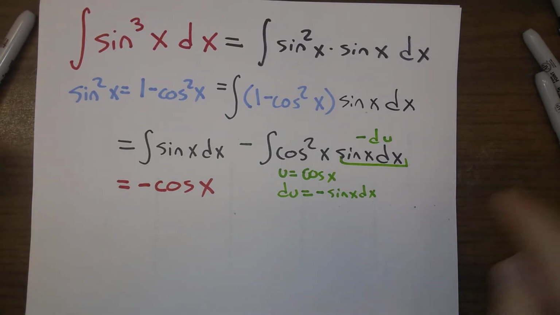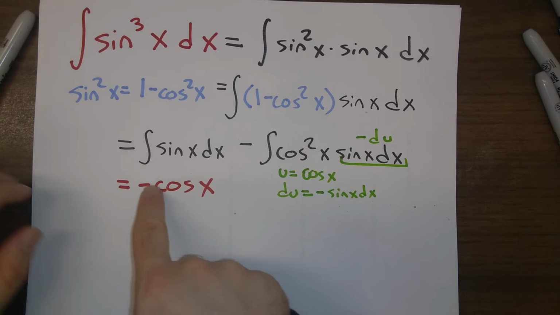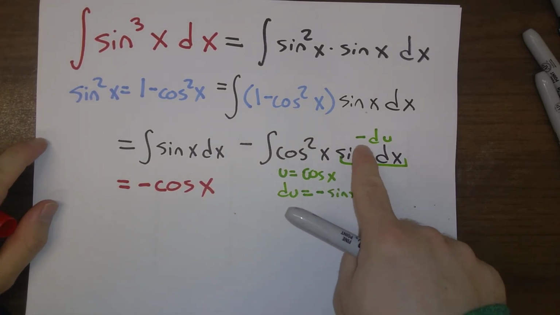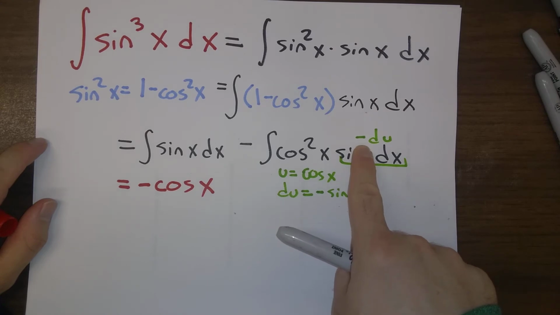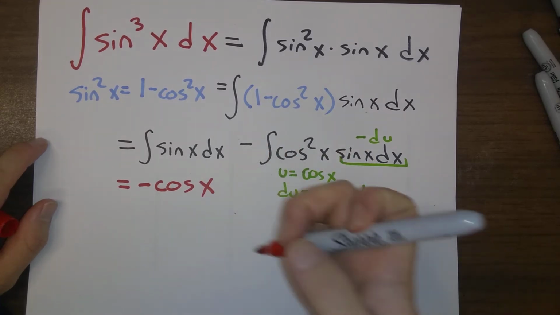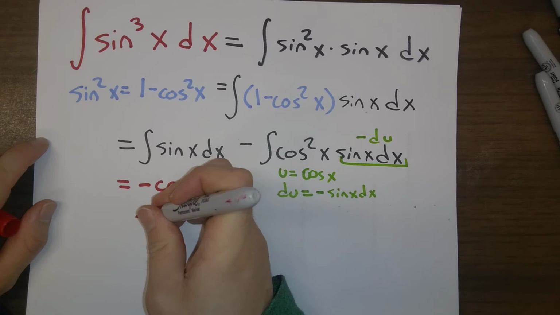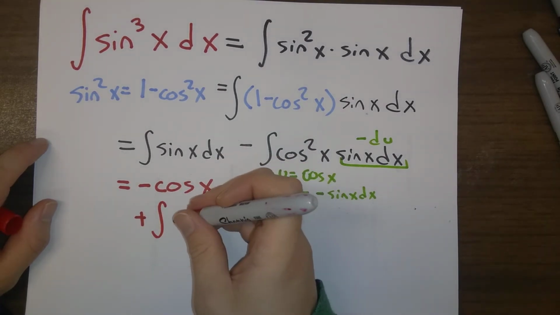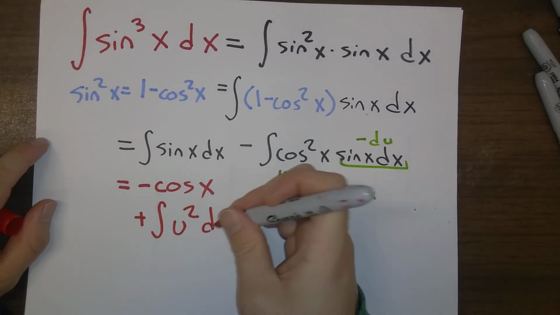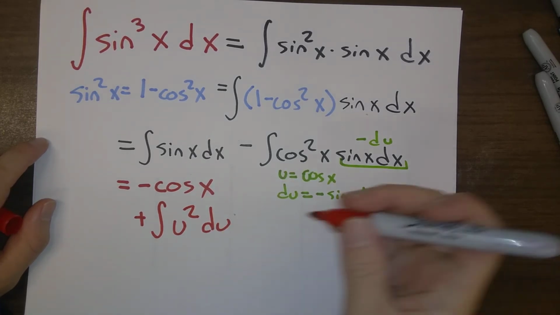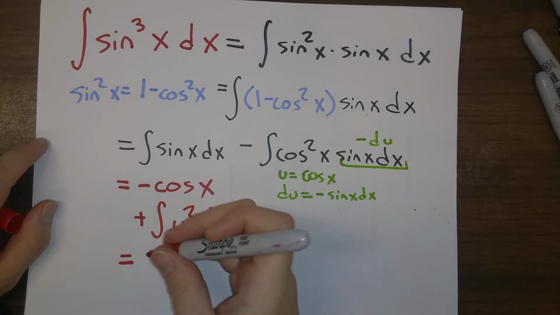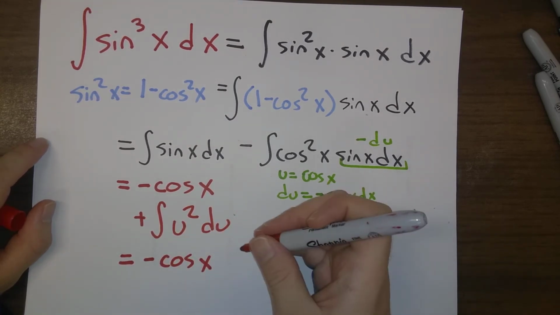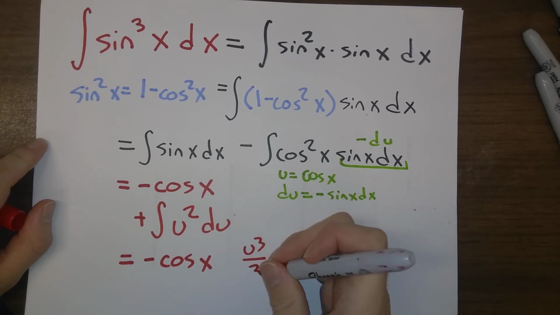When we make this replacement, we already did that integral. There's a minus sign and a minus sign. Those are going to combine together for a plus sign, plus the integral of u squared du. So this ends up as minus cosine x. The integral of u squared is u cubed divided by 3.